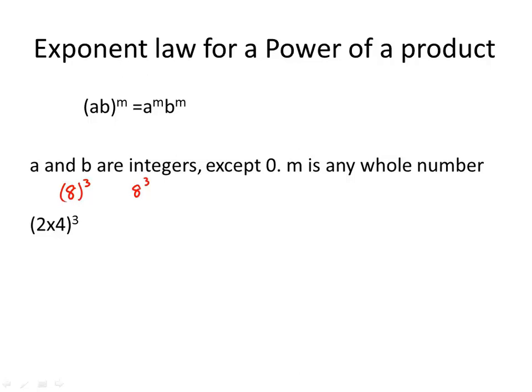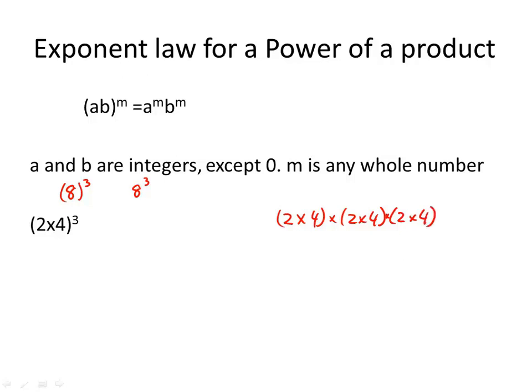But if you wanted to write it as a product of powers, we're going to expand this out a little bit. Let's see what 2 times 4 to the power of 3 means. It means 2 times 4 times 2 times 4 times 2 times 4, so 3 times right there.